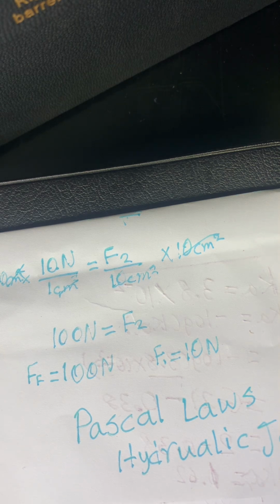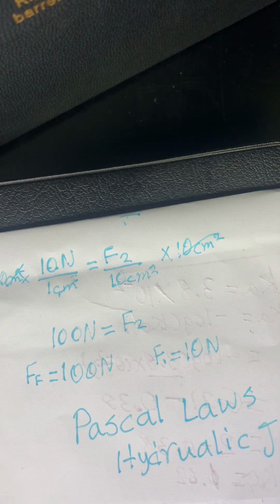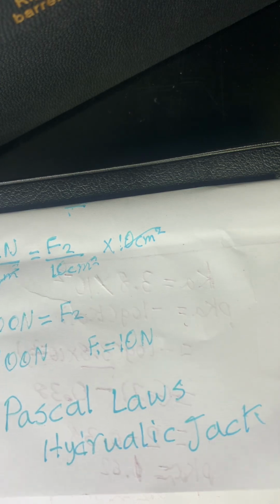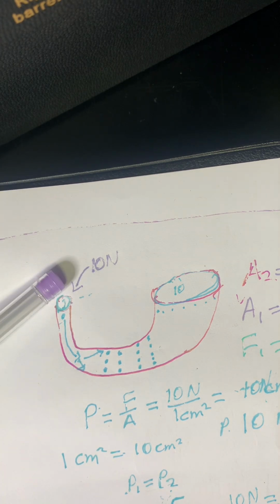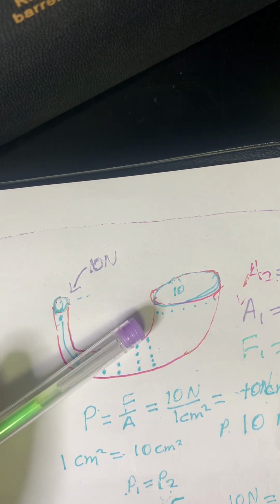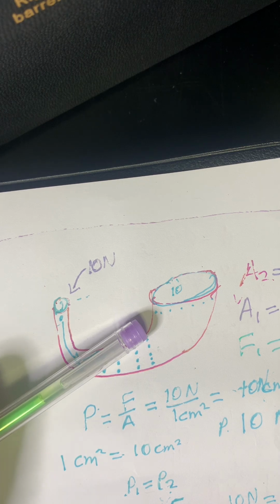But we're going to see on the next video why this does not mean you get to create energy or destroy energy, or how this does not violate the rules of nature, let's say. Because initially you would think, wait, so I'm applying less force here, which is 10 newtons, and I'm getting a lot larger. I'm getting a tremendous return of force.